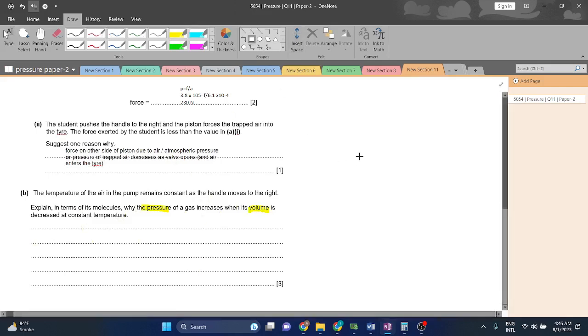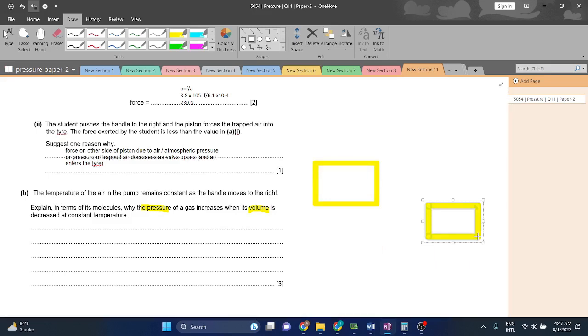This is probably the most repeated question in O Levels P2. As the volume decreases, pressure increases. That's the relationship you should have worked out by now.